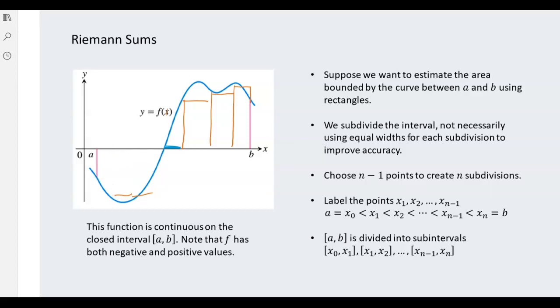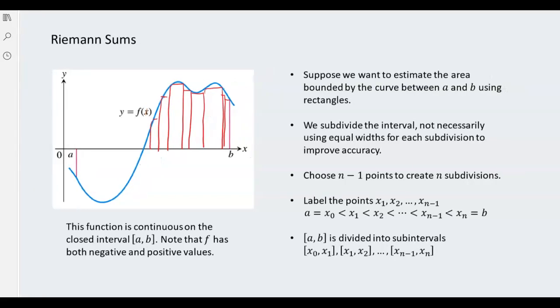But what if we were instead to choose the widths of the rectangles to not be the same? Suppose I draw a rectangle here that's really skinny that fits up into this part. And then maybe I'll draw one that's a different width here, where I was able to use what I know about this particular curve and have a lot of different sized rectangles to get the best estimate possible, where each of those widths are different.